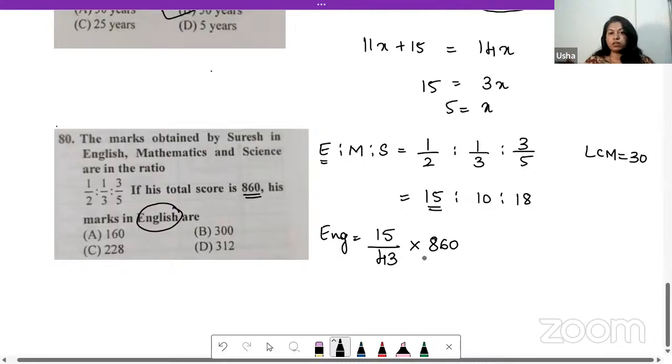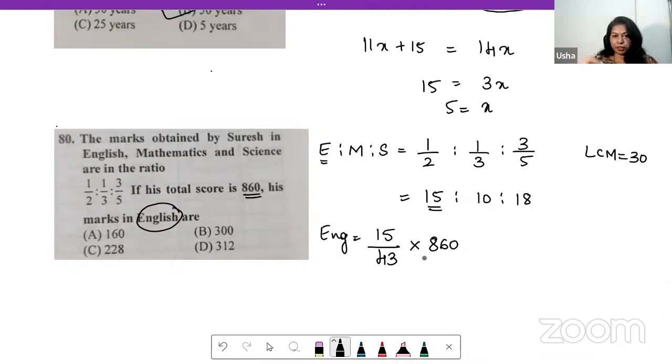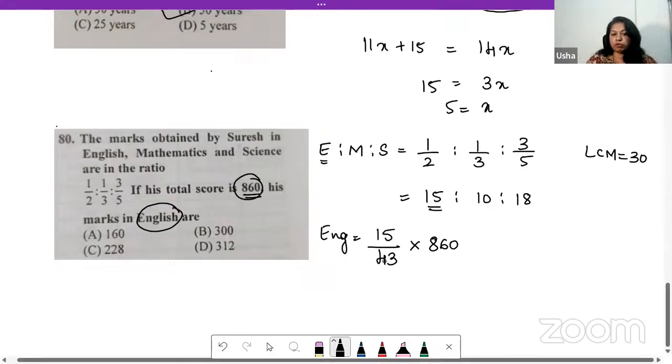When a ratio is given, if you want to find out an individual value, write down the number of that particular variable in the ratio divided by the total of the numbers in the ratio into the total value. Now 43 2 times is 86. So this is 20. 20 into 15 is 300. So his English marks is 300.